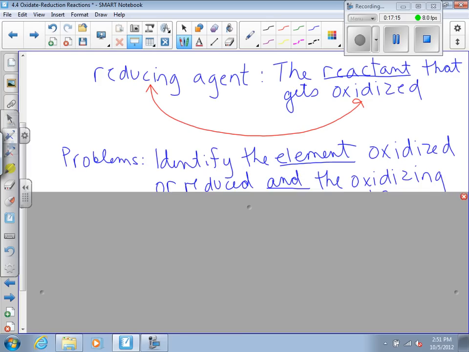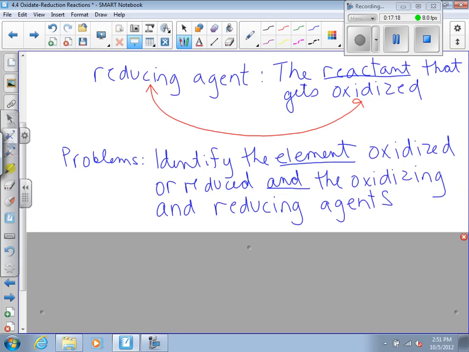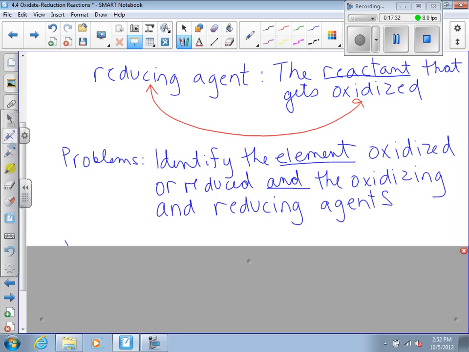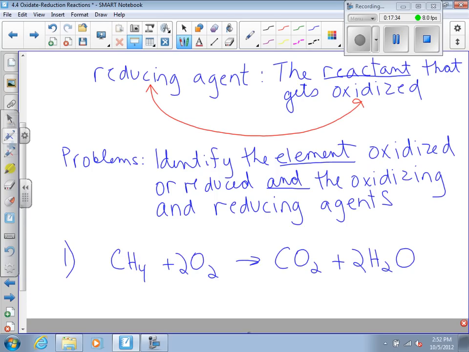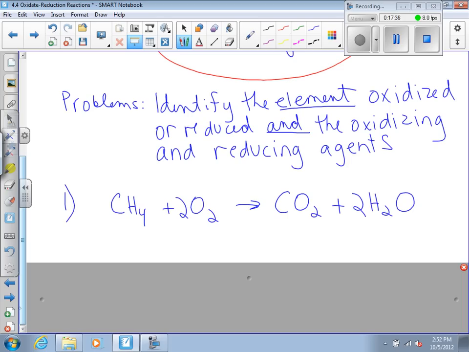Okay, so we're going to do some problems. For the following problems that you can't see yet, but you'll see soon enough, you're going to identify the element oxidized or reduced and the oxidizing and reducing agents. So let's take a look at number 1. This equation is already balanced.